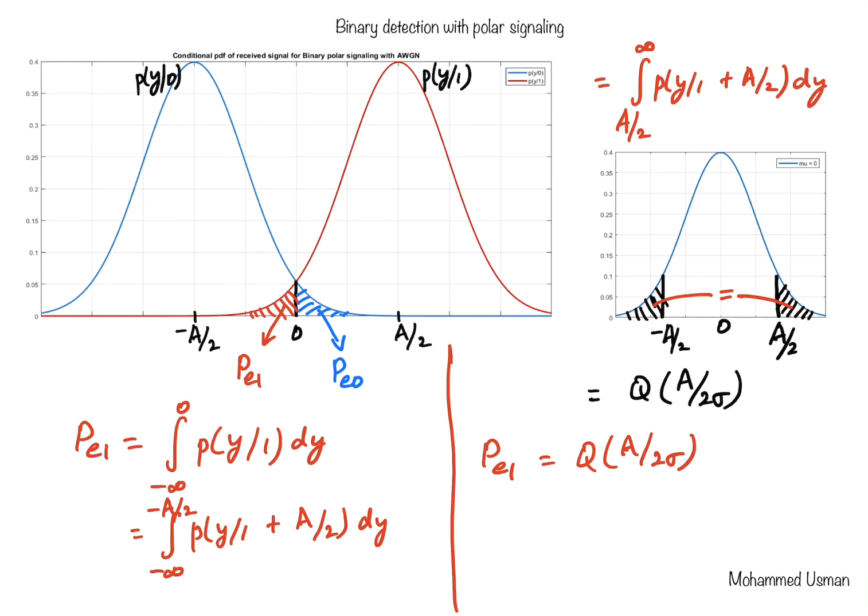Now let's find the average error probability for the combined bits, because a sequence of bits will have both ones and zeros. So we know what is the error probability when we transmit a 0, and we also know what is the error probability when we transmit a 1. Next, we will compute the average error probability for a given sequence of bits which will have a mixture of ones and zeros.